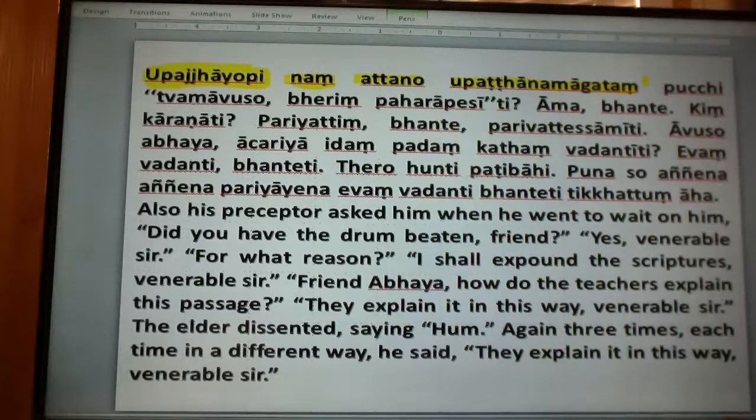Upatana means to approach, to pay respect. Agadam means coming. So the Abhaya, wanting to pay respect to his preceptor, came to him. And Pochi means the preceptor acts.